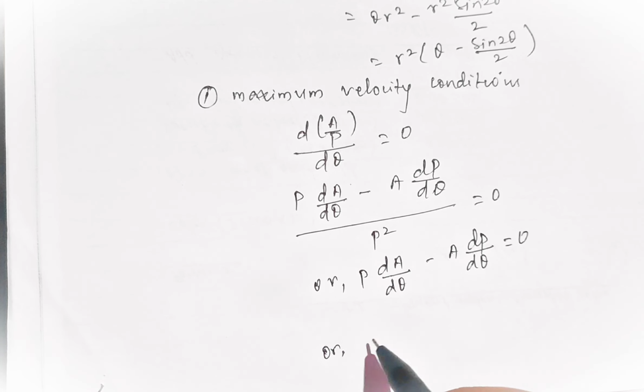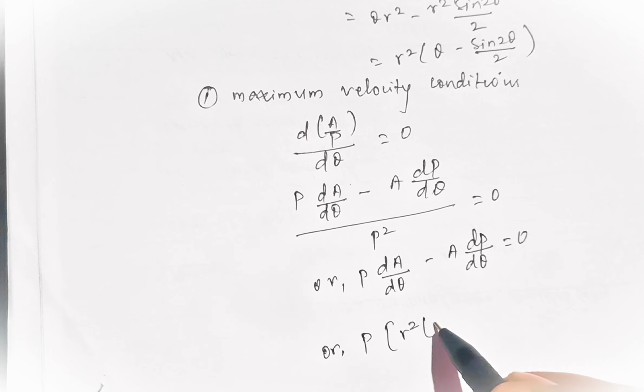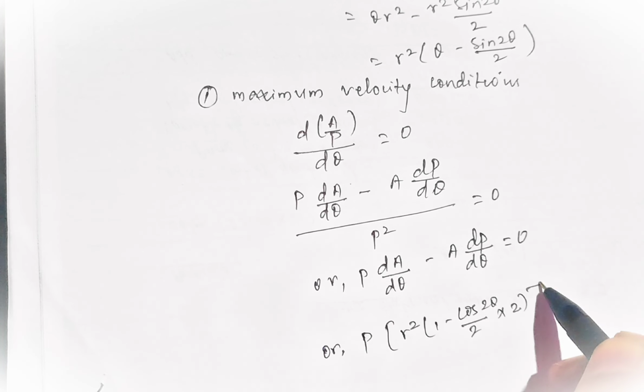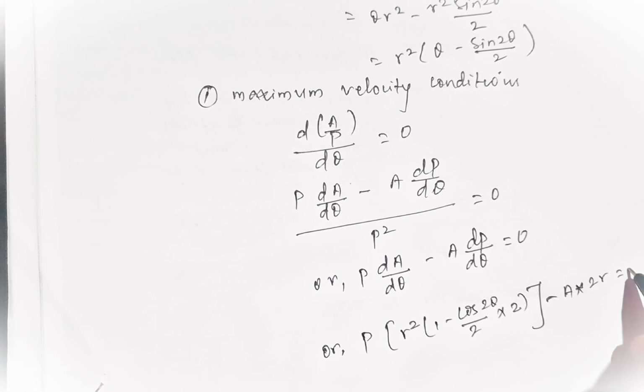Or P times r square times 1 minus cos 2 theta divided by 2, times 2, minus A times 2r equals 0.